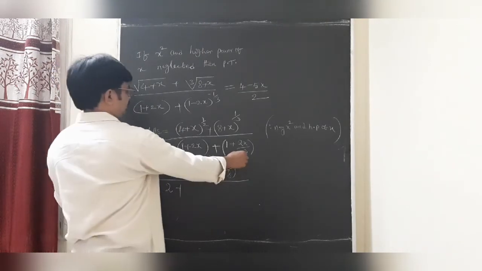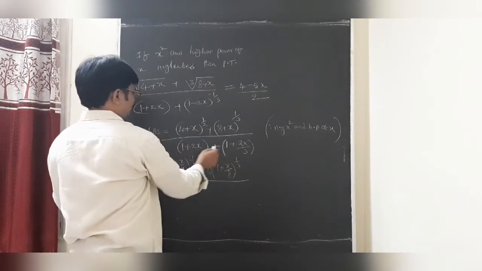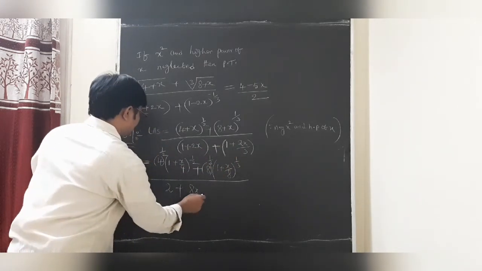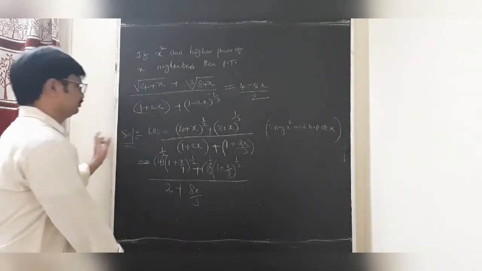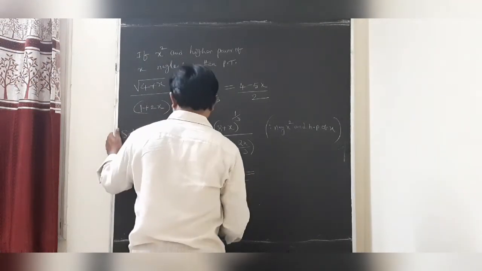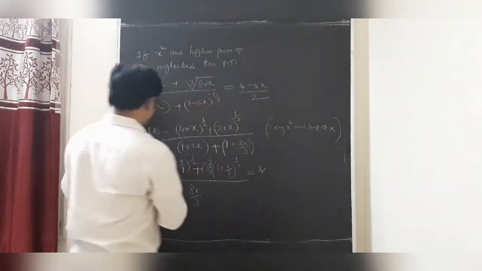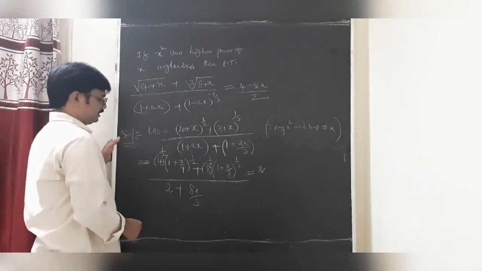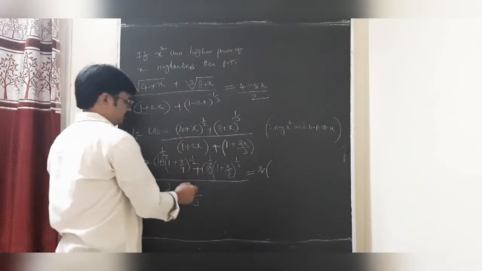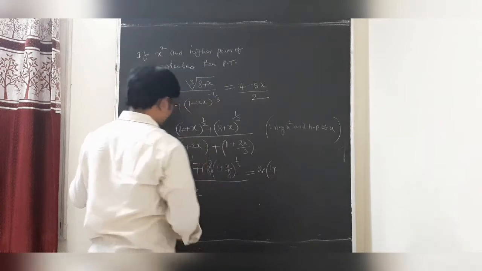After that, 3 2s are 6x plus 2x, 8x by 3. So dear students, this is 2, 2 square, 2 2 cancel. This is 1 plus nx.